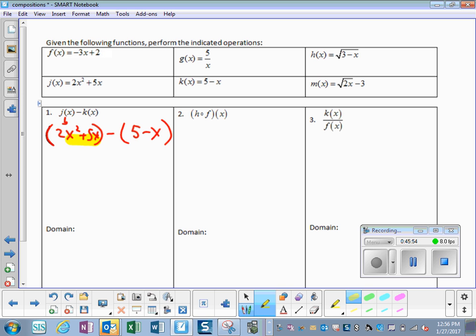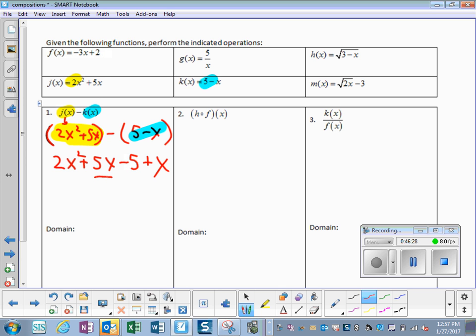Now I just need to simplify. The first parenthesis I can just drop because there is nothing in front. I distribute 1, so it's 2x squared plus 5x. For the second one, I have minus in front of parentheses, so I have to distribute that minus in. So I have minus 5 plus x, right?